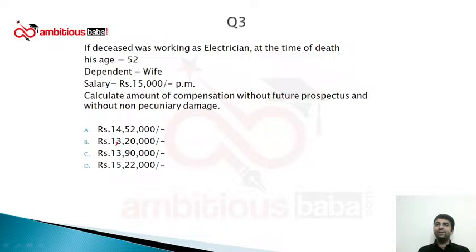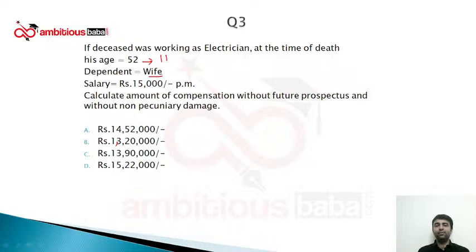So in question number 3, waiting for the first answer. Age is 52. Age multiplier will be how much? 11.